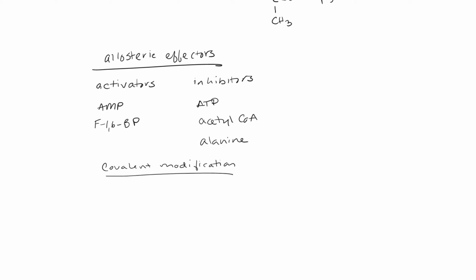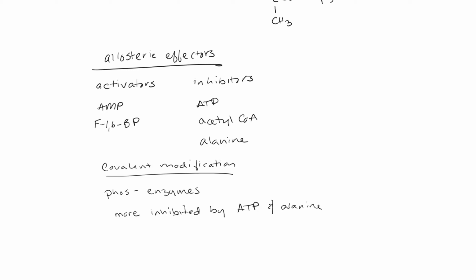So to quickly review that, if you have a phosphorylated enzyme, that phosphorylated enzyme is going to be more strongly inhibited by ATP, and acetyl-CoA, or alanine.